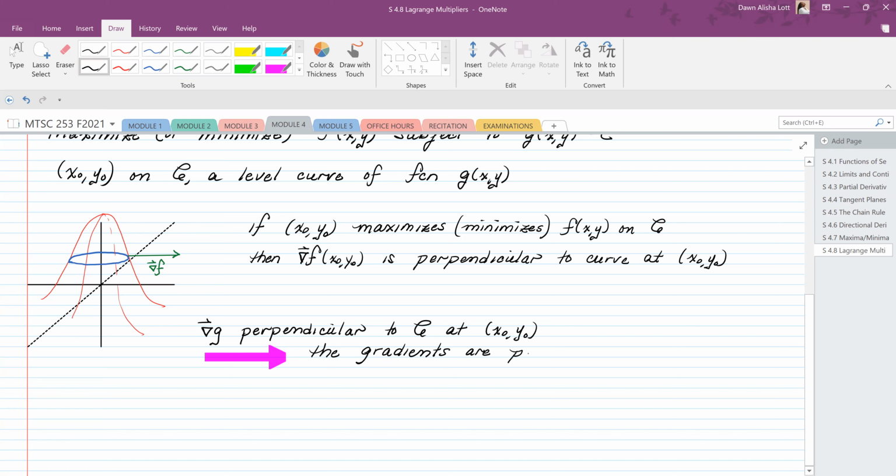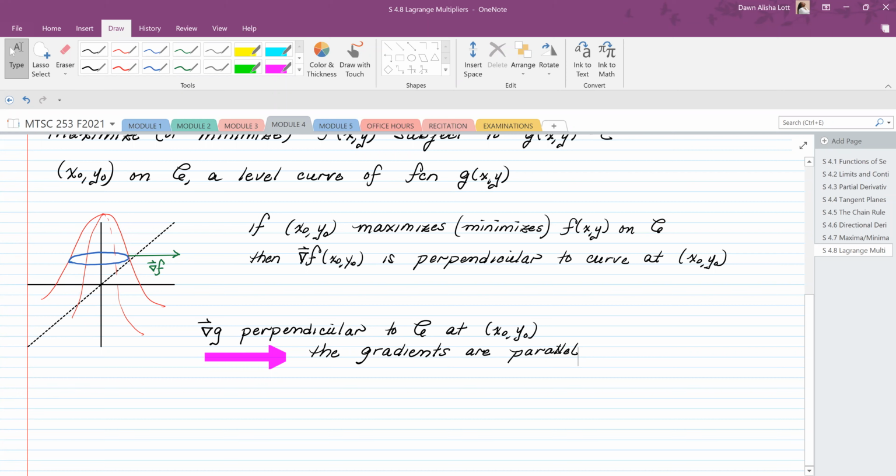Now, two vectors that are in the same direction means they're parallel. The only thing that can be different is their magnitude. So that means one must be a multiple of the other.